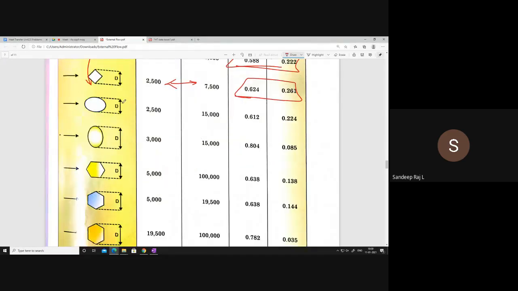Here, this is actually an elliptical kind of cross section. If you are taking the minor axis as your D, these are your C and N values. If you are taking the major axis as your D, these are the C and N values. This is a hexagon resting on its base.